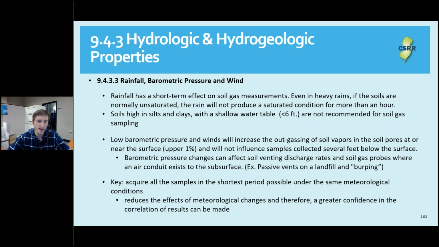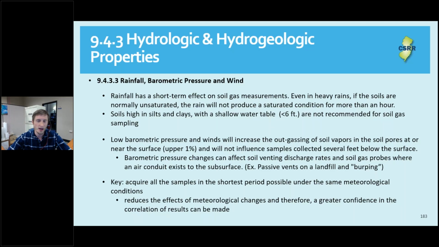The caveat to that is that barometric pressure changes can affect the soil venting discharge rates where an open air conduit exists. An example of that is the passive vents on a landfill. When you have low barometric pressure, which is anything below 29.8 inches of mercury, the differential pressure causes the landfill to burp, venting the landfill gases into the atmosphere.